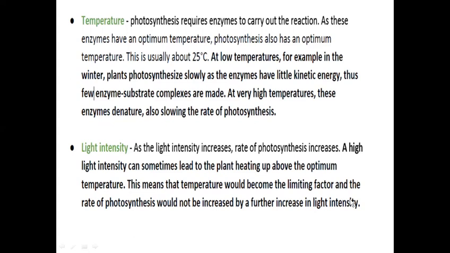See, light intensity is also a limiting factor, because with less light, below the limiting factor, the process will not proceed. But a high amount of light increases the temperature, and increased temperature means the enzyme is going to be damaged.